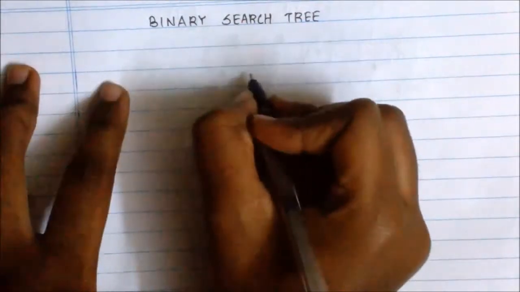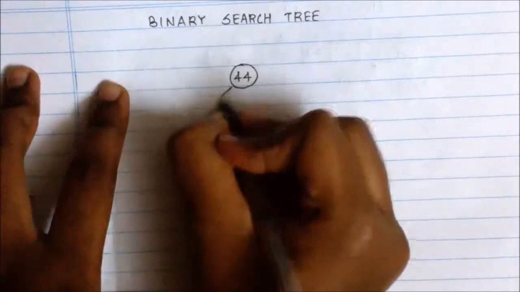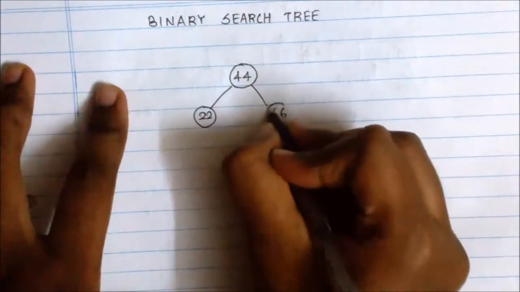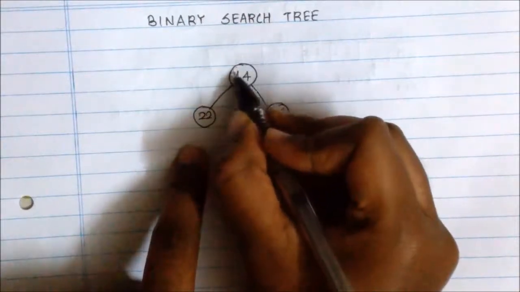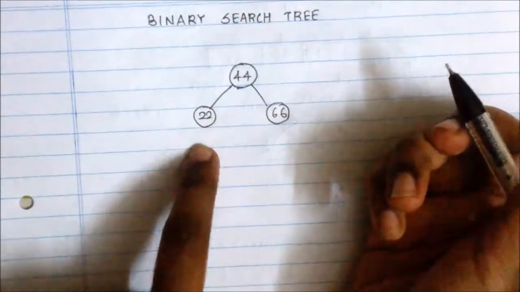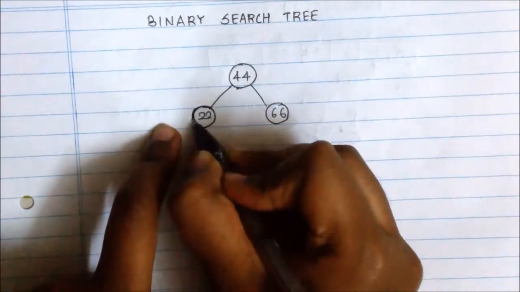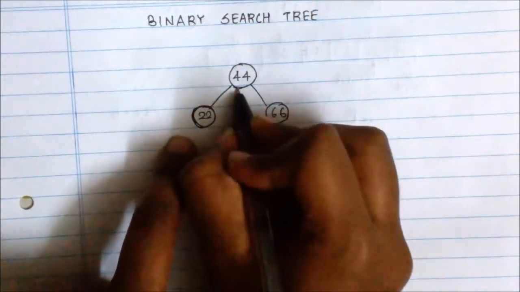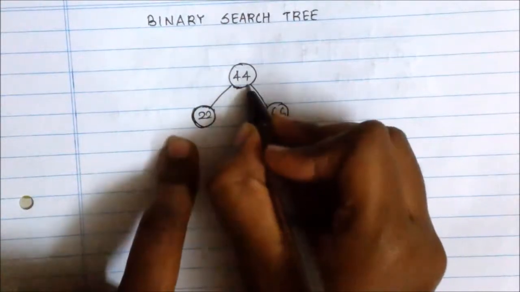For example, if I have a node 44, 22 and 66, this is a binary search tree because considering 44 to be the root of the tree, or simply any node of the binary search tree, the left child of 44 is lesser than 44 and its right child is greater than 44.